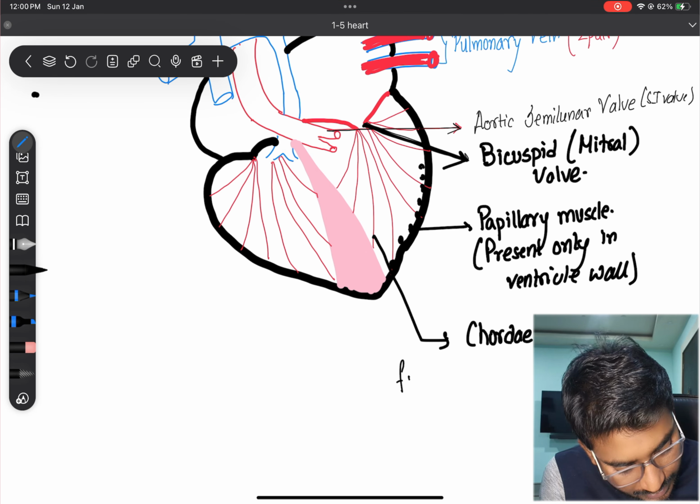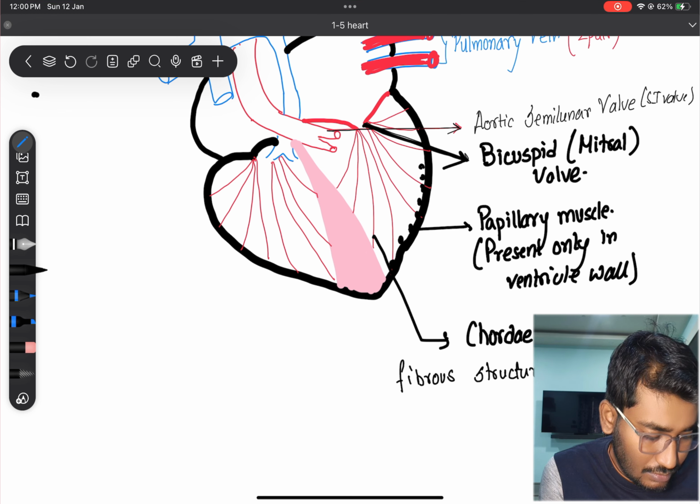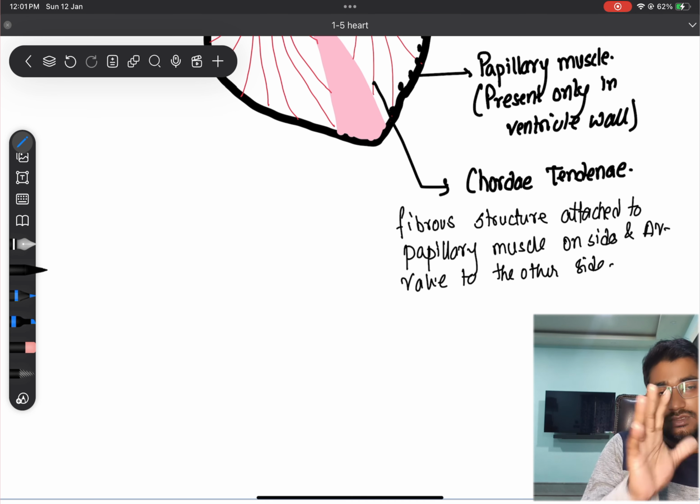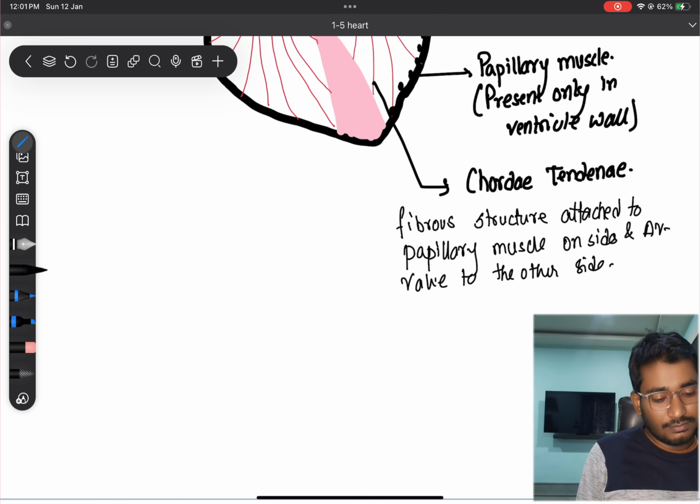It is a fibrous structure attached to papillary muscle on one side and AV valve to the other side. एक साइड में वो पैपिलरी मसल के साथ अटैचमेंट है और दूसरी साइड पे AV वाल्व के साथ अटैचमेंट होता है. ठीक है.